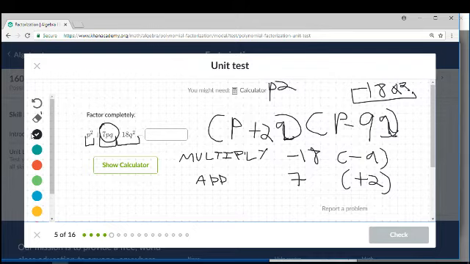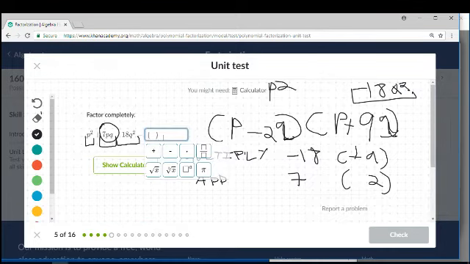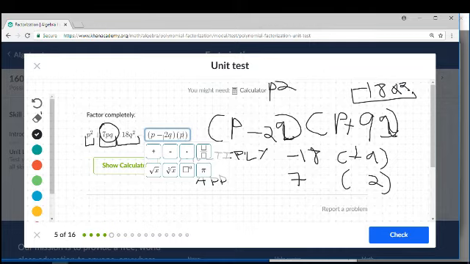Oh, I'm sorry, p plus 9, p minus 2, so that would be p minus 2q and p plus 9q, all right? P minus 2q and p plus 9q.